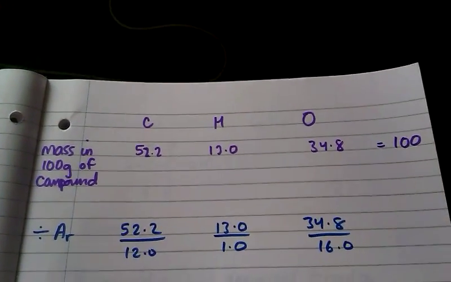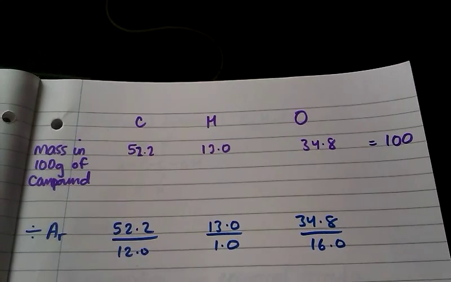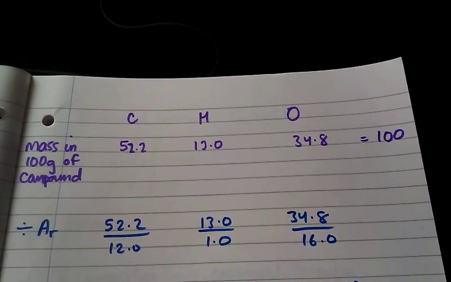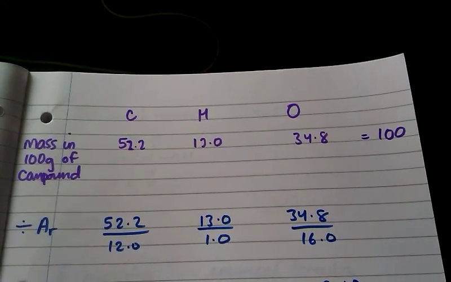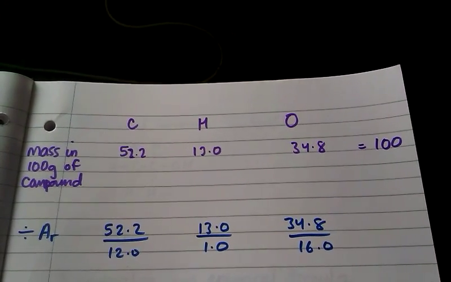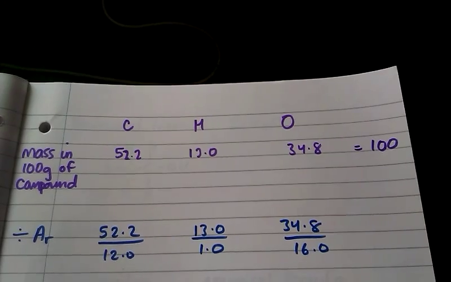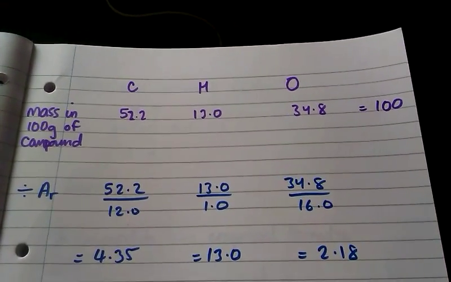What we do next is divide by the atomic numbers, which you can find from the periodic table. So 52.2 divided by the atomic number of carbon, which is 12, then 13 divided by the atomic number of hydrogen, which is 1, and 34.8 divided by the atomic number of oxygen, which is 16.